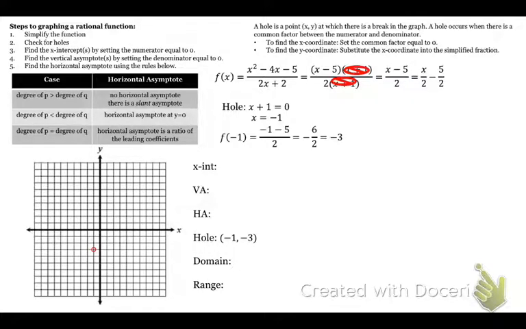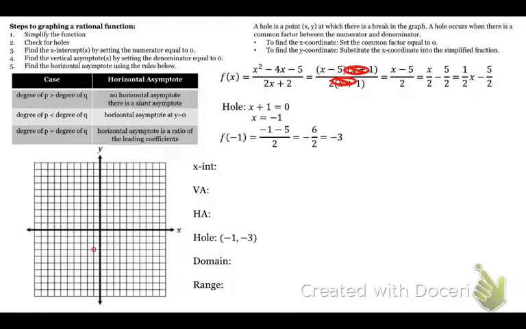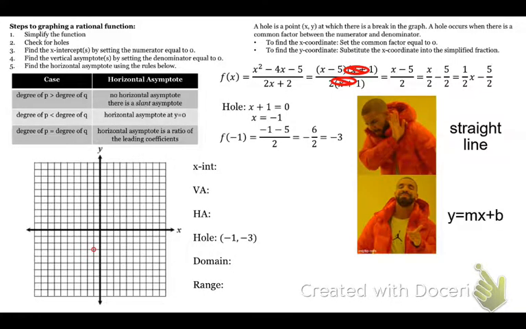And then here, I noticed that there's no x value in the bottom. So let's just see if we can make this into an equation that is easy to graph. I'm just going to divide both by 2. So that's x over 2 minus 5 over 2, which is the same as 1/2 x minus 5/2, which looks a whole lot like a line, y equals mx plus b, where our m here is 1/2, our b is negative 5/2.